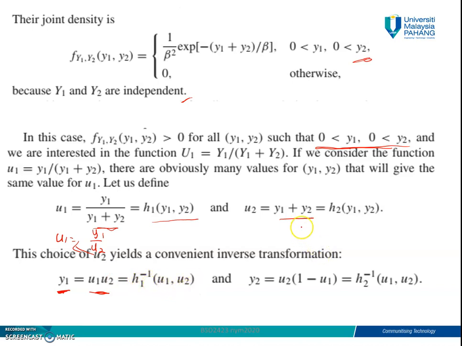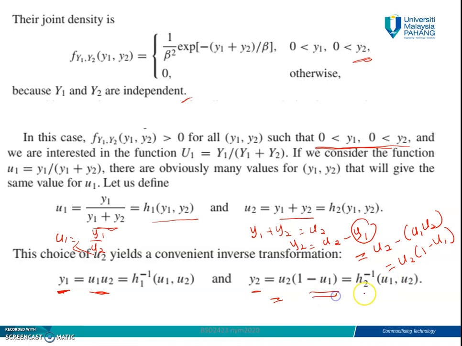And then for the second one, y1 plus y2 equal to u2, so y2 is equal to u2 minus y1, and y1 is u1 times u2. So you get u2 minus u1 u2. When you factorize this, you get u2 times 1 minus u1. This is the second inverse function in terms of u1 and u2.